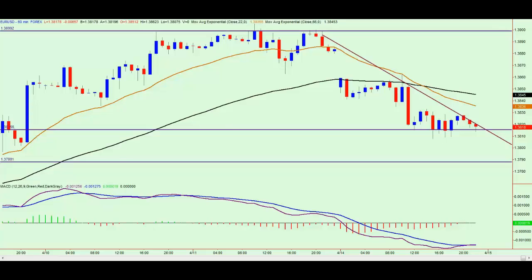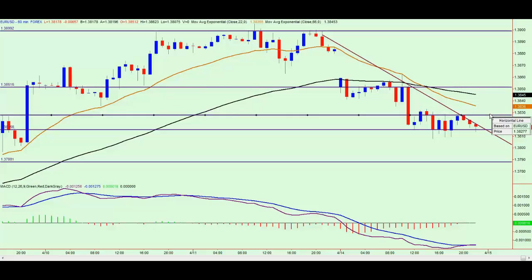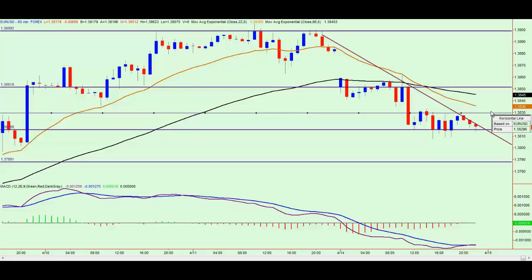But if we want to be very clever with our trading, we can look at taking a short off this area here because it's where price fell with momentum from the 138.50, or we can look at this area of resistance here, possibly bring it slightly down to there, which is the 138.28, so roughly the 138.30 just to be sure. So we've got an area of resistance here where price is falling from. So we can take a look at possible shorts at those areas as price continues in this downtrend.